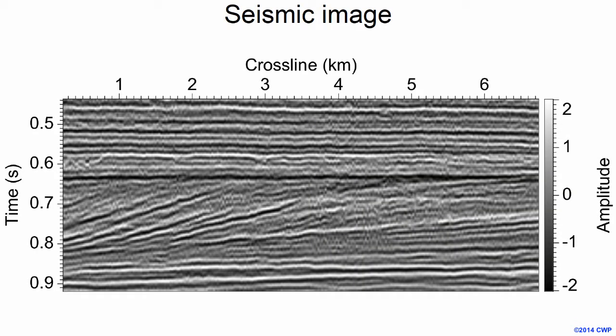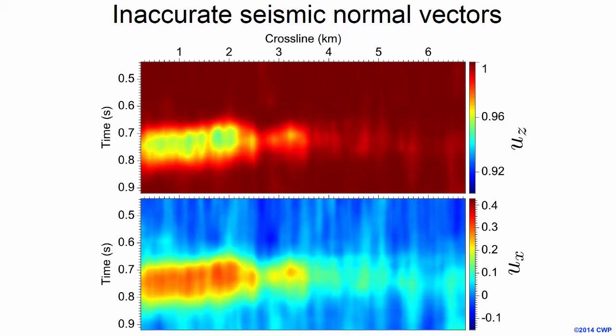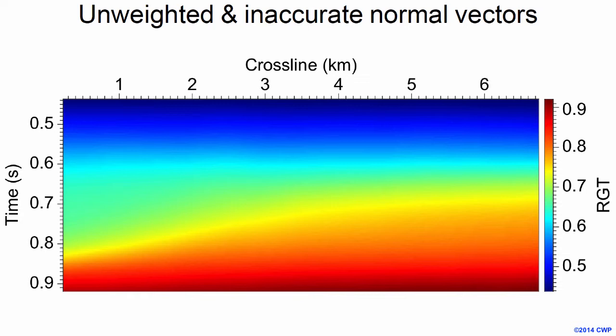So now let's do a comparison of this weighted and unweighted flattening method by using this 2D seismic image. For the unweighted flattening method, we use the inaccurate seismic normal vectors that are estimated by using the conventional structure tensor method. And this image shown here is the relative geologic time image we computed by using the unweighted flattening method.